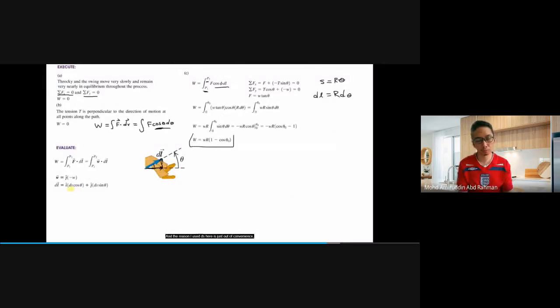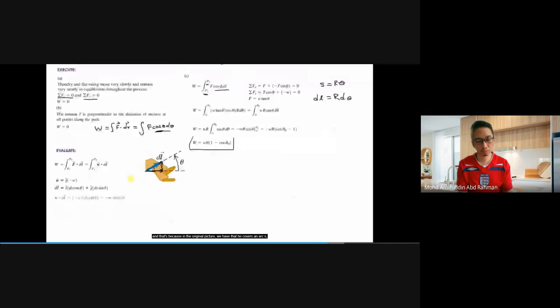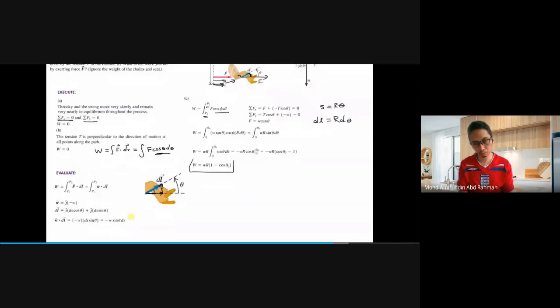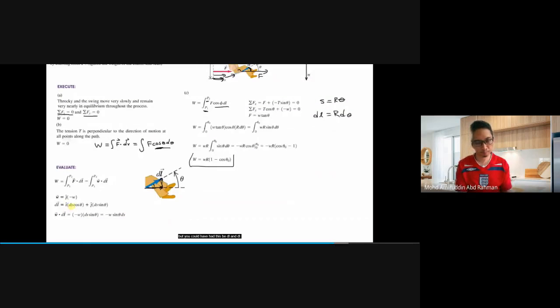And the reason I use ds here is just out of convenience, and that's because in the original picture, we have that he covers an arc S. But you could have had this be dl. All this is letting you know is that this ds is the magnitude of the dl vector. And then if we dot these two vectors, we should note that the weight vector did not have an i component.